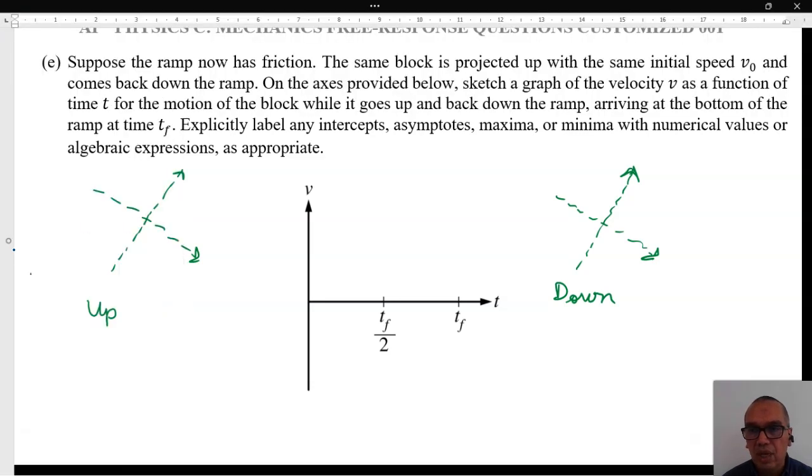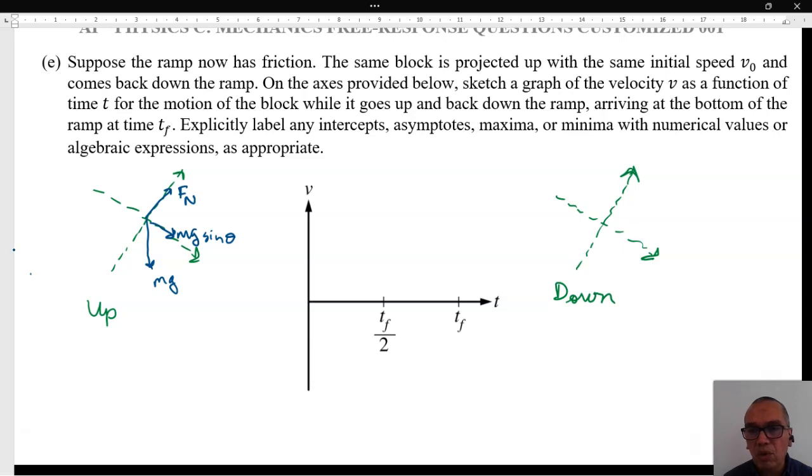We have friction, and so there is the gravitational force, which is giving us a component down the ramp, mg sine of theta. There is a normal force, which cancels the y component of the weight.